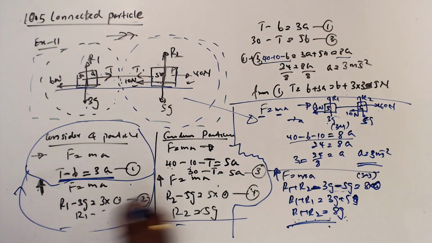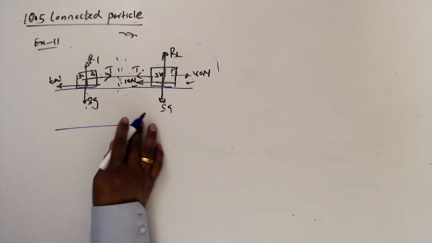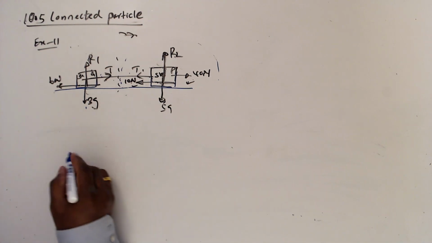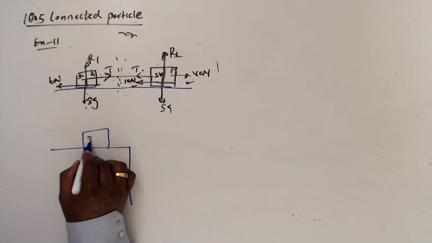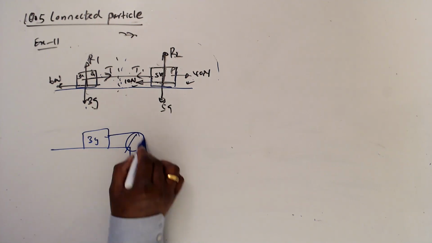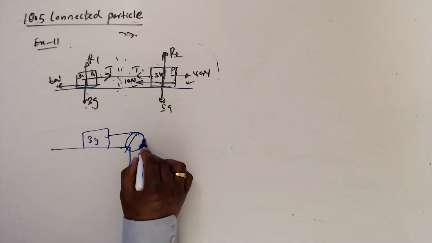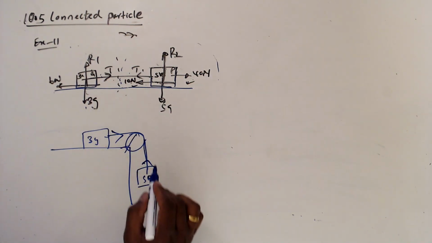In this situation, which situation? Assume that this system is like this. One is here, that is 3 kg, and goes through a pulley, and the other one is here, 5 kg. So the tension is the same.